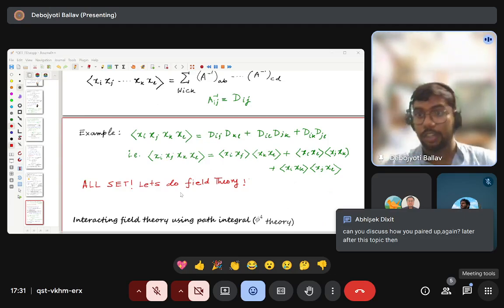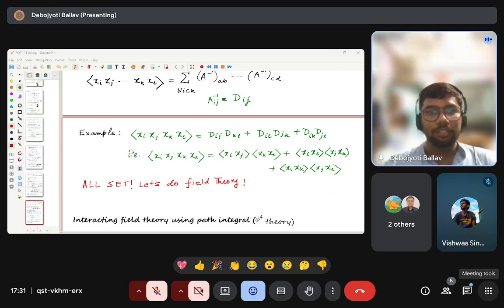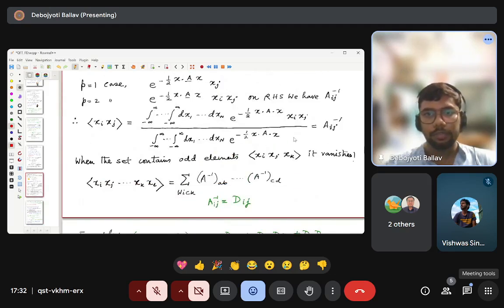You can take these 4-point correlators and take all the pairs. So xi you can pair with all these three. You first take xi with xk, then xj remains with xl. So you can write it as a product of xi, xj, xk, xl. We are just calculating this quantity for 4-point functions.